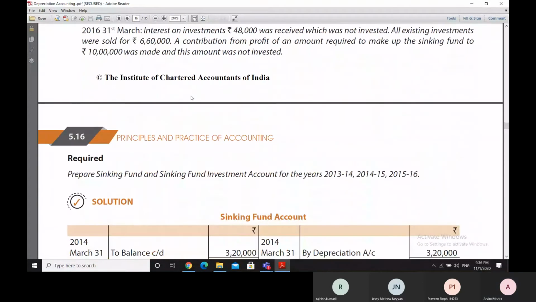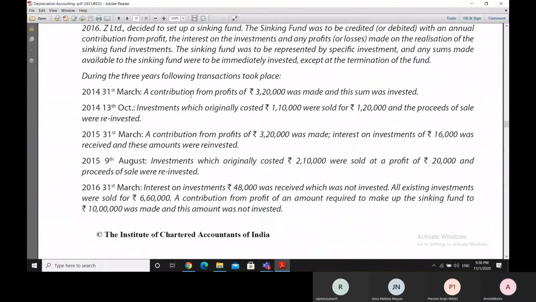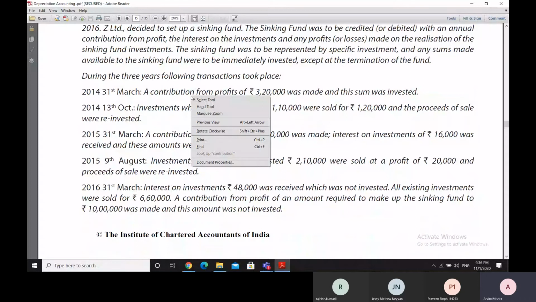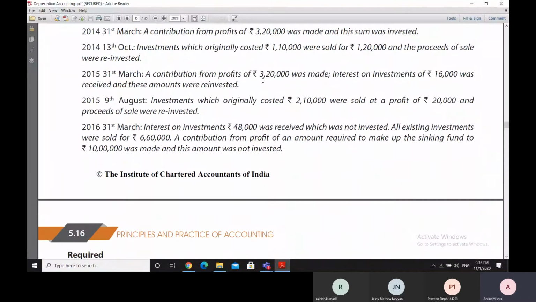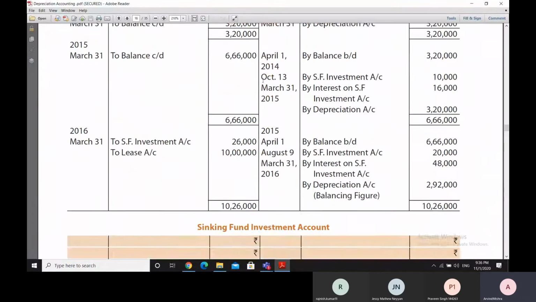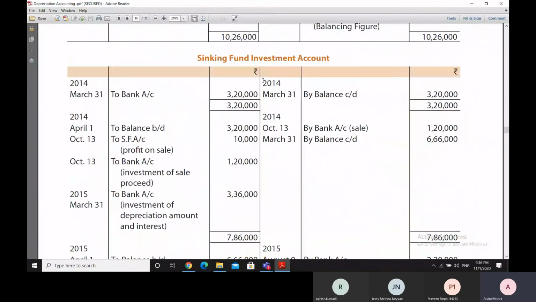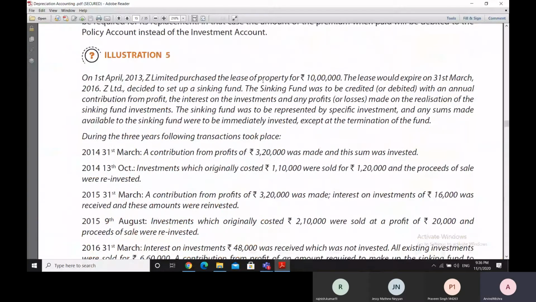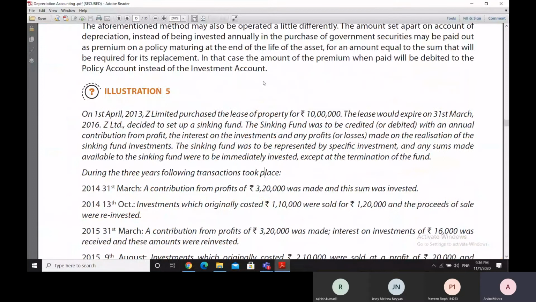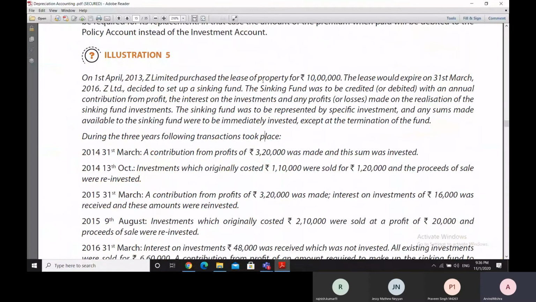Now, as an explanation of this, or for a deeper and clearer understanding of this particular method of depreciation accounting, let us look at an illustration. Let us say that on 1st of April 2013, there is a company called Z Limited.